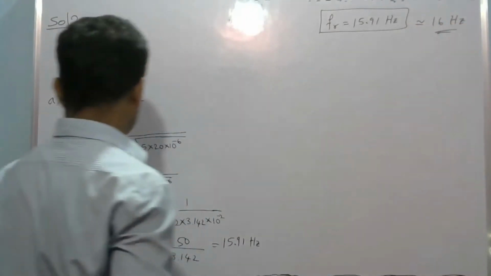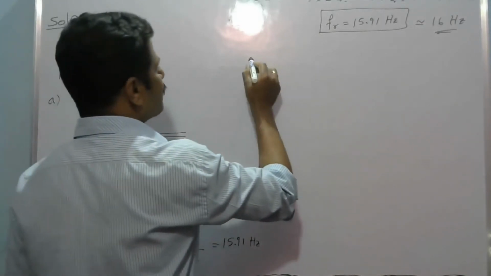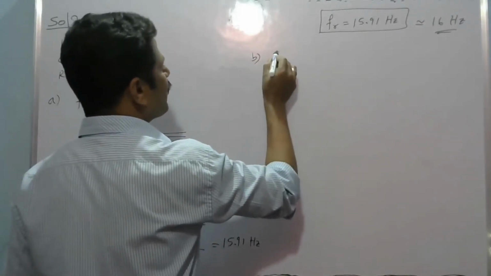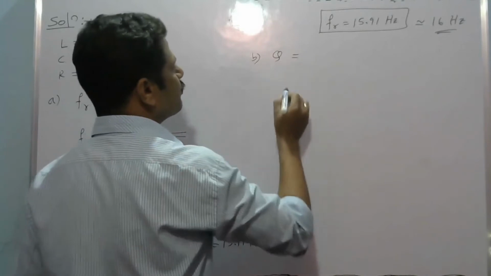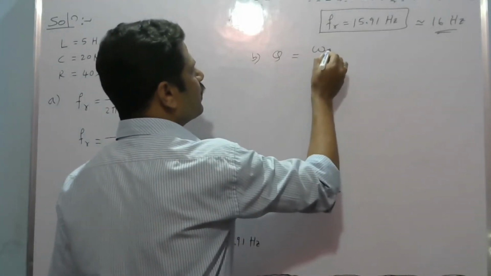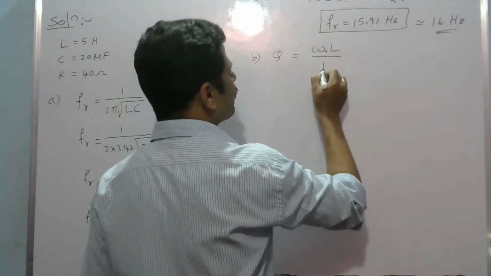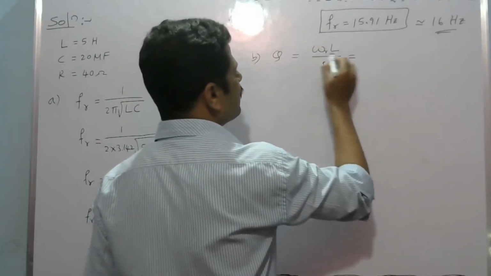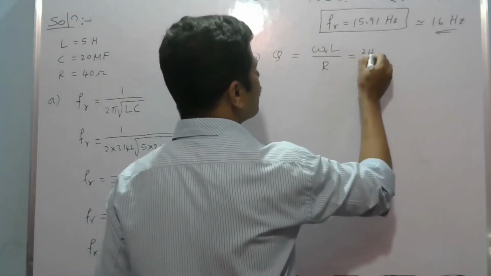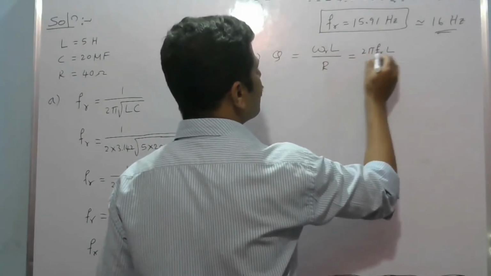Now we need to find one more factor, that is the quality factor, the Q factor. We know that quality factor is equal to omega R, the angular resonant frequency, times L divided by R. Omega R equals 2 pi f.